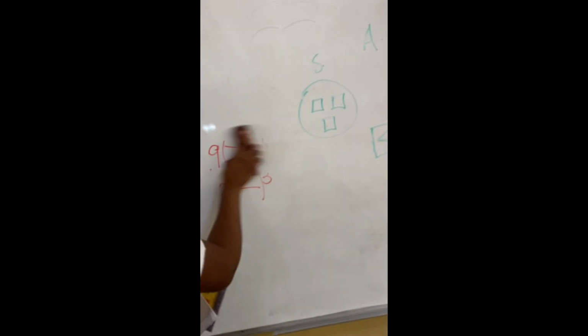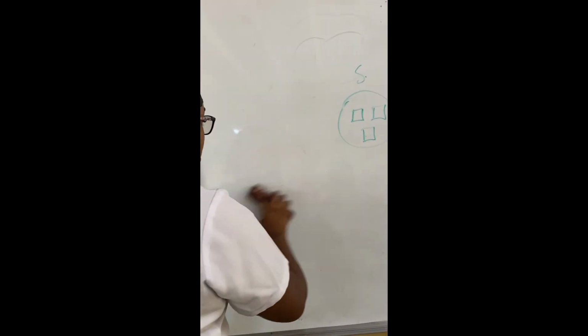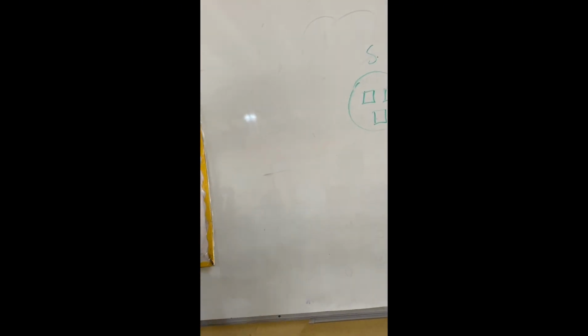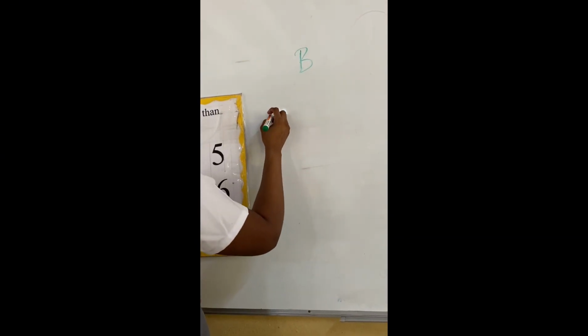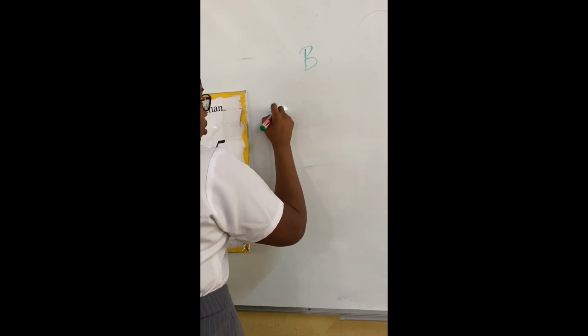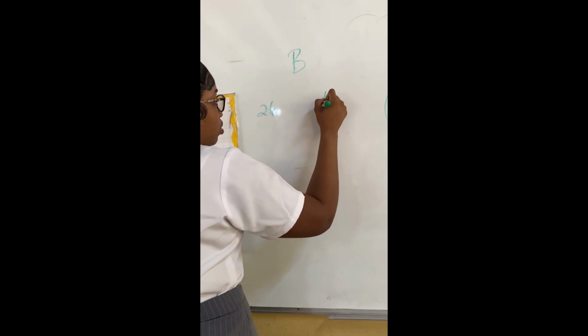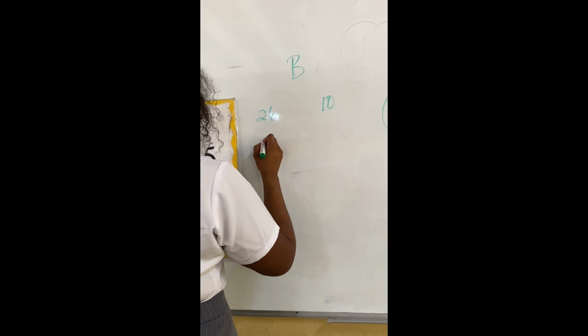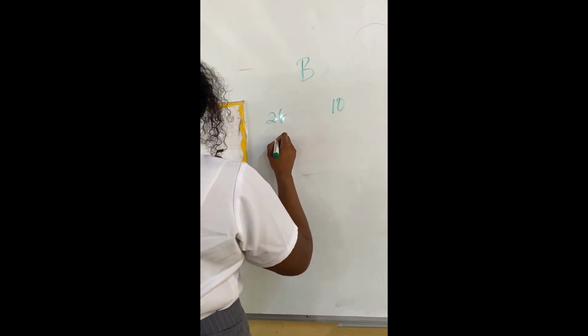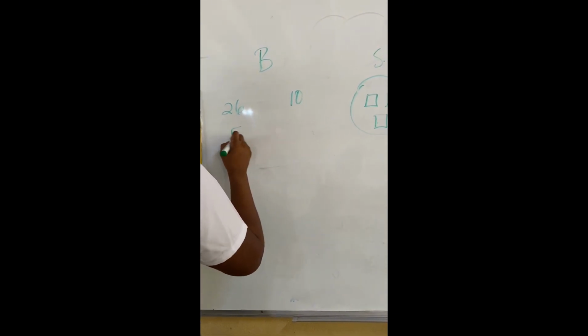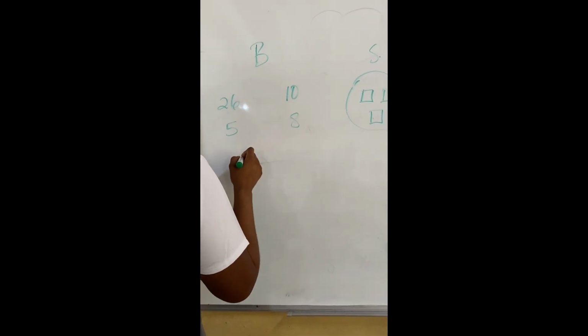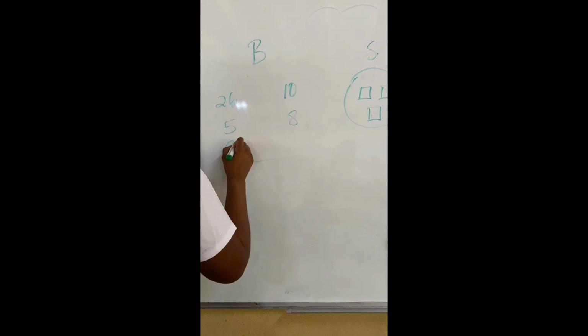Group B's worksheet. Group B were given numbers: 26, 10, 5, 8, 9, and 7.